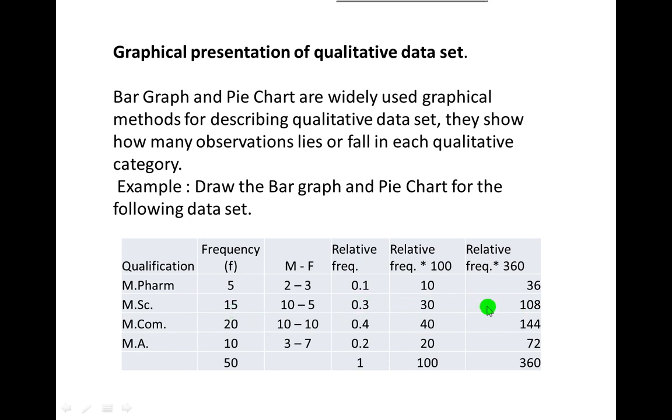All are the same, but the units are different. So we will represent these categories in a circle. 36 will represent M form, a 108 angle will represent MSc, 144 MCOM, 72 MA. So we will start from the 0 degree.